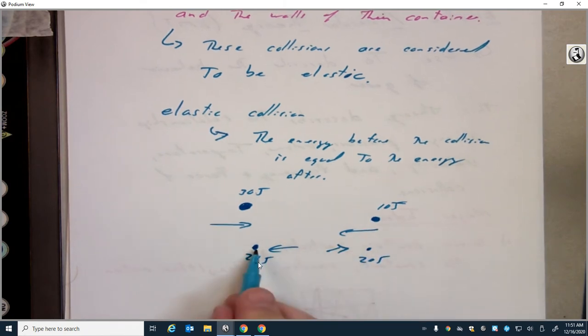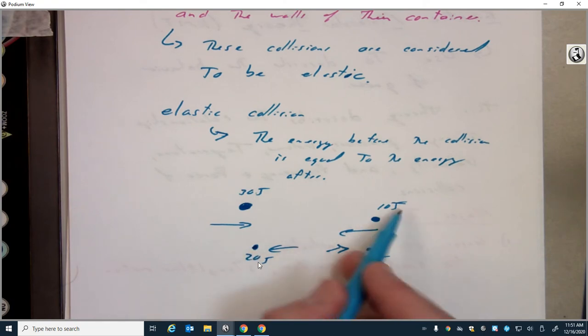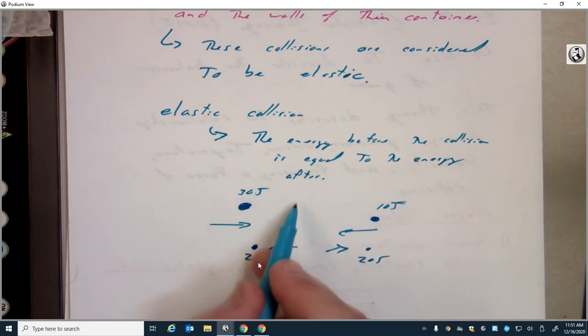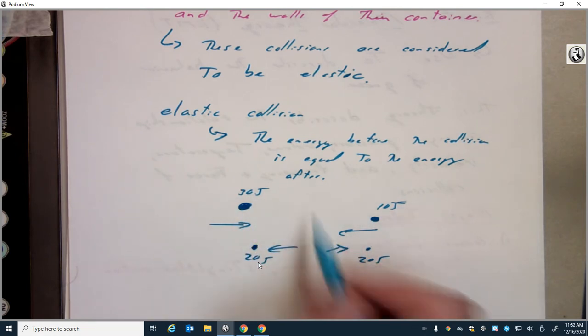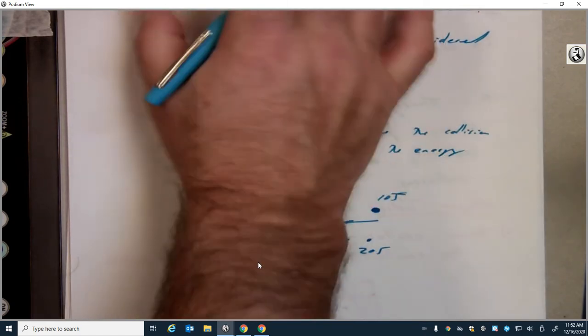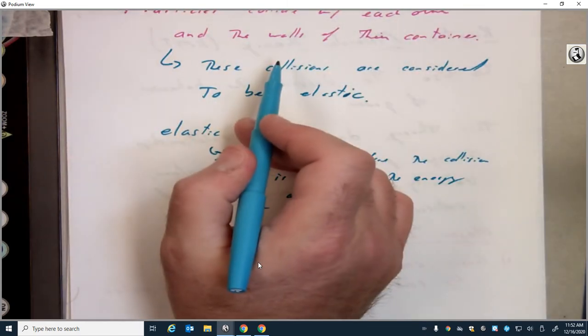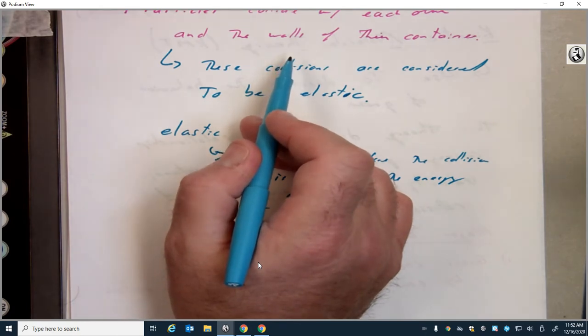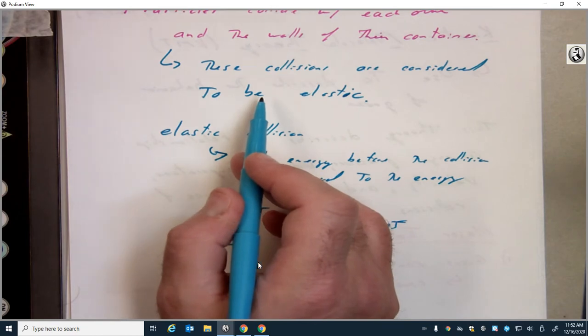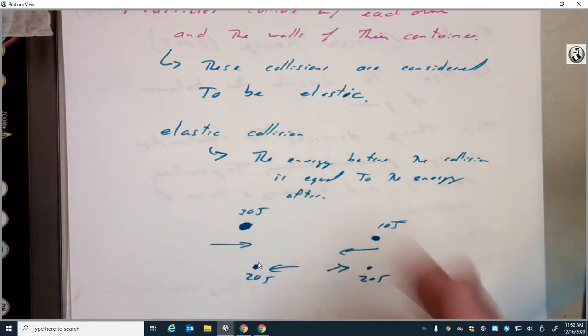So the amount of energy that this ball has now and this one could be different, but overall the total amount of energy is the same both before and after the collision. So this is another example of an elastic collision. In the KMT, all of these collisions with the gas particles, either with themselves or on the walls of the container, they're all considered to be elastic. So they're not going to lose any energy.